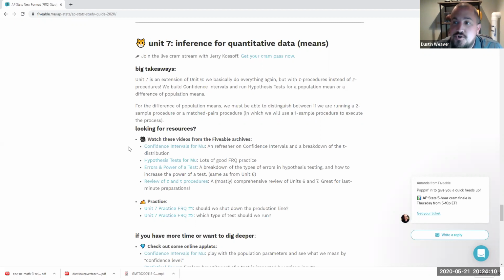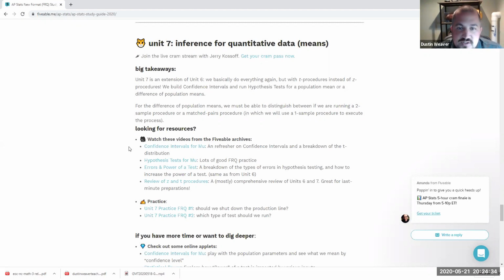And I can almost assure you they're not going to give you the population standard deviation. So if you're doing a test or interval for means, you are almost guaranteed to be using a t-test or a t-interval, okay? We build confidence intervals and run hypothesis tests for a mean or a difference between two means.